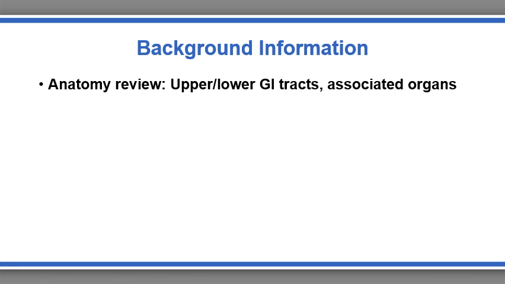The associated organs, the pancreas and the liver, are those other organs that assist with the process of digestion and being able to metabolize the food products that we eat.